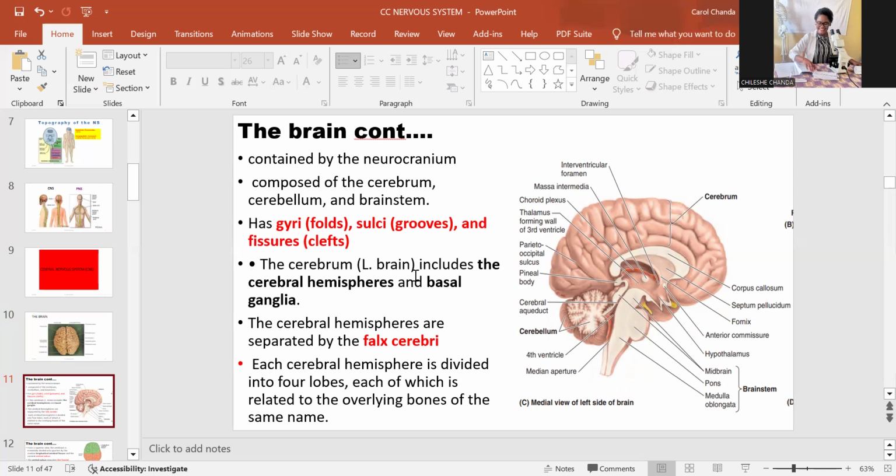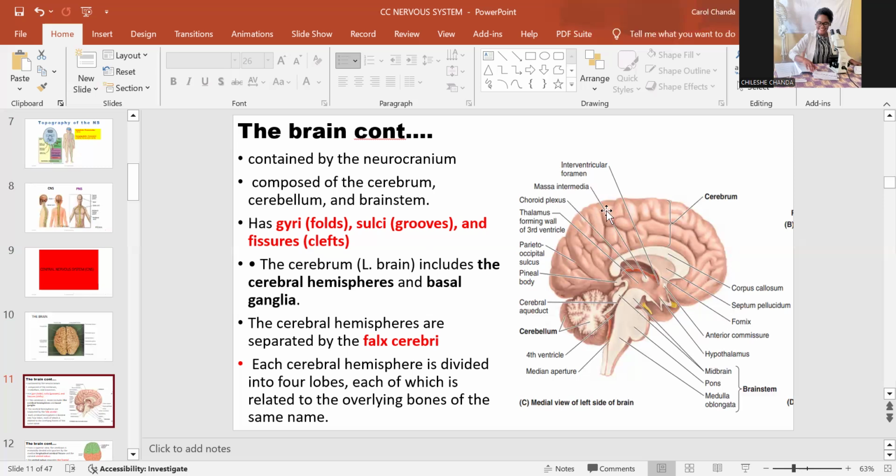The brain has gyri and sulci. The cerebrum includes the cerebral hemispheres and the basal ganglia.